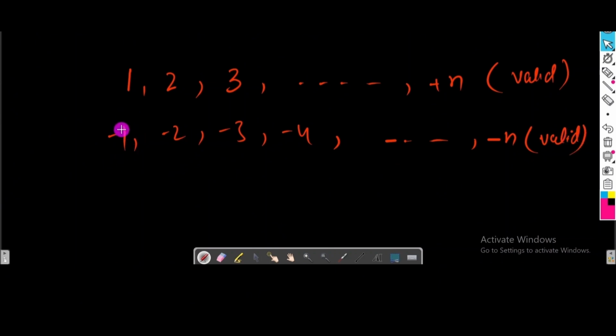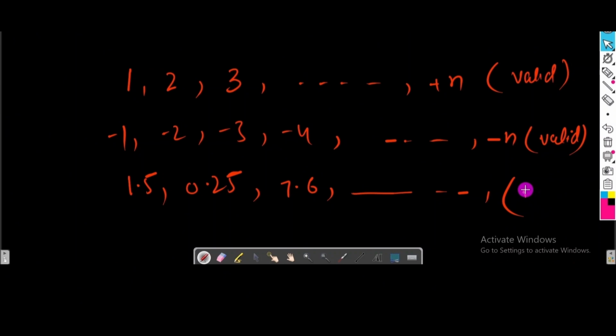But it is not valid if you say that I take 1.5 charge, or 0.25 charge, or 7.6 charge. It means that if we take charge in fraction form, this fraction form is not allowed while dealing with charges.